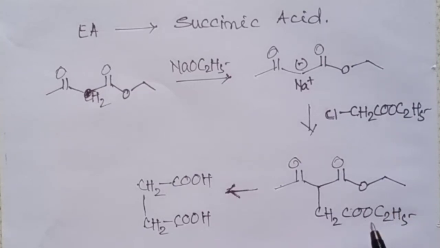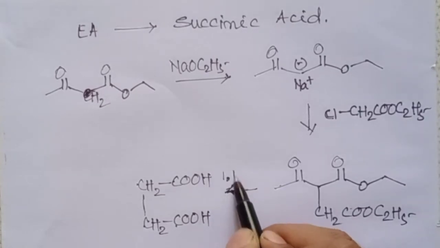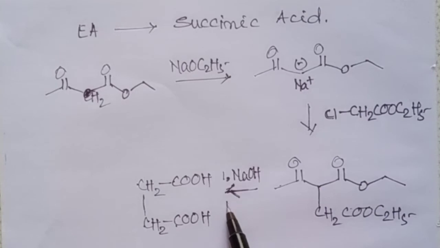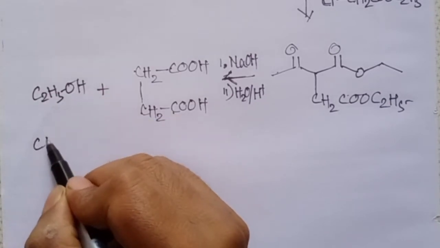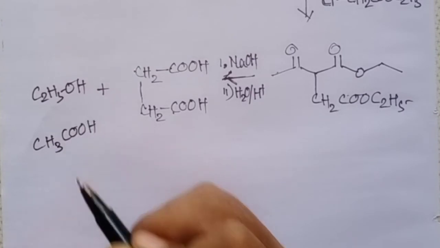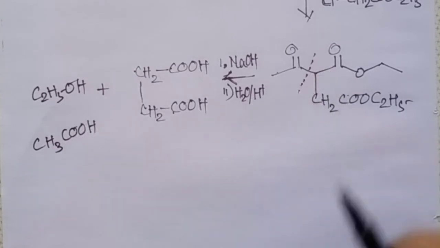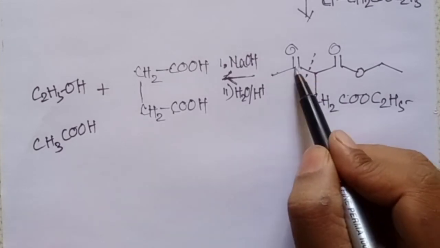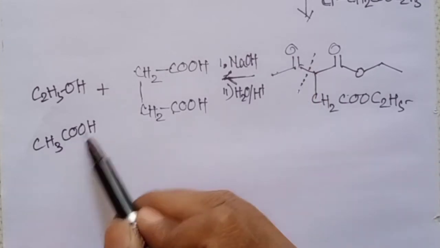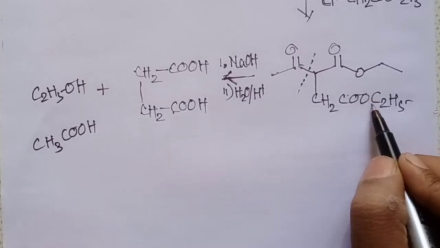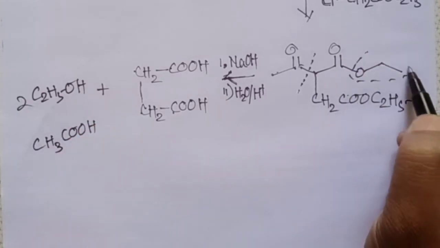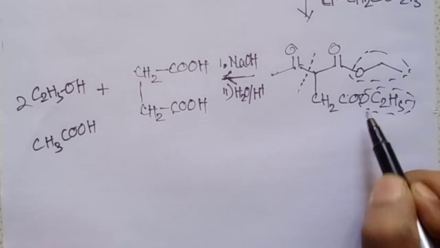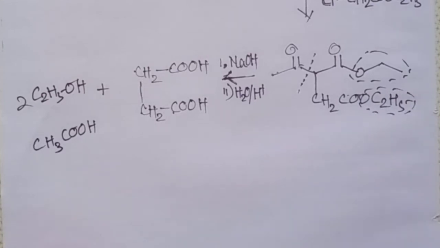Now if I hydrolyze it in presence of a base, say NaOH, and second H2O with H plus, it will break out like that, and 2 molecules of C2H5OH, alcohol, one generated from here, another one generated from here. So this is the preparation of succinic acid.